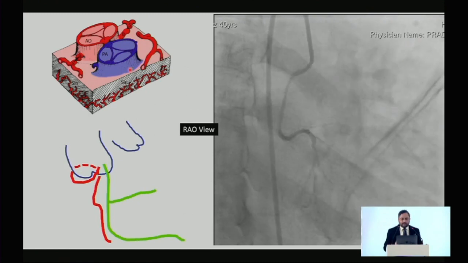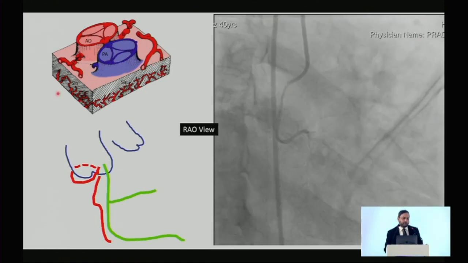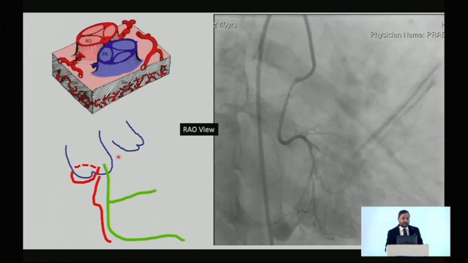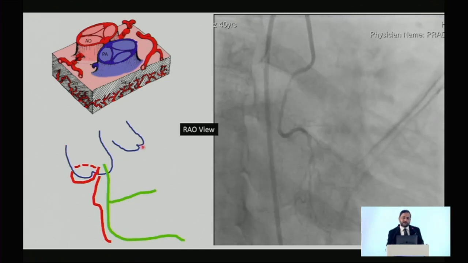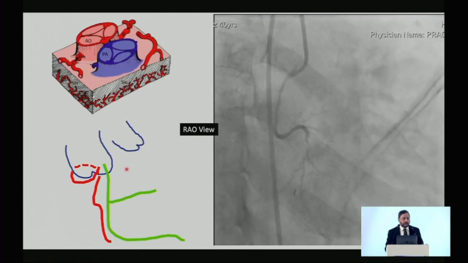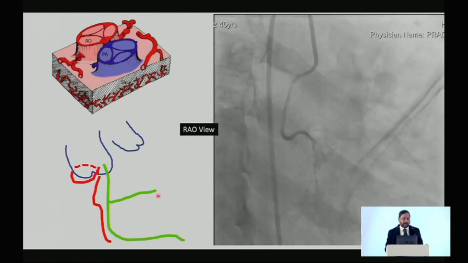How do you diagnose it? Confirm it, again, in the RAO view. You look here in this cartoon, a very poor cartoon, I'm sorry. This is the aorta here, and in the RAO view, you have the pulmonary artery somewhere here. In angiography, the pulmonary artery is somewhere here. In the normal RAO view, this green artery represents the RCA running straight with the RV branch.